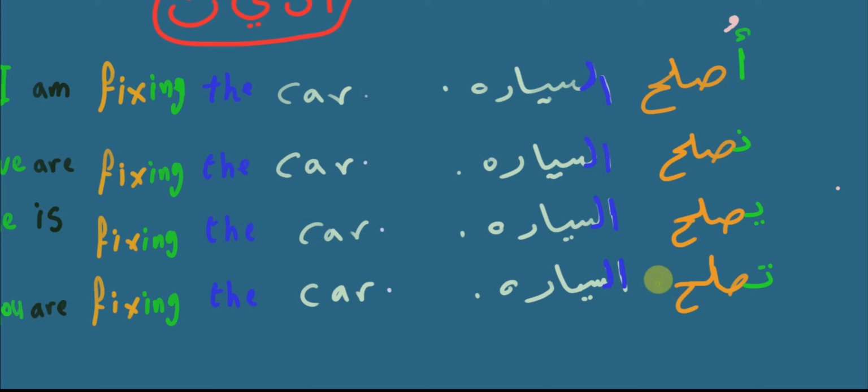But the way it is said, if there is no other cause for the n to drop, you say تصلحين. This is the second person singular feminine. تصلح is the second person singular masculine.